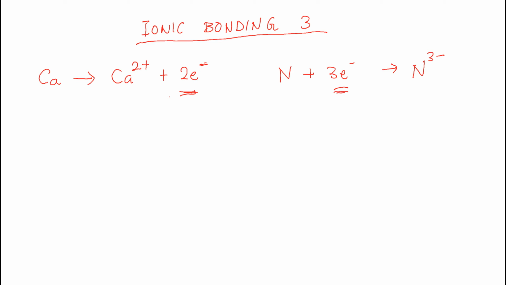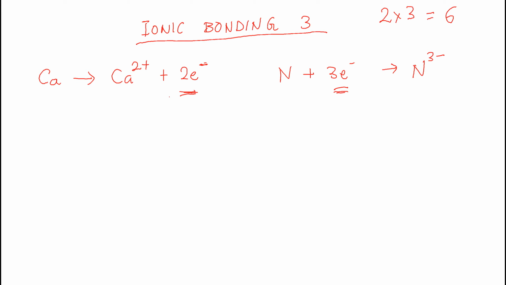So we need to perform a lowest common multiple to make sure that the number of electrons given is equal to the number of electrons received. So 2 times 3 is equals to 6.